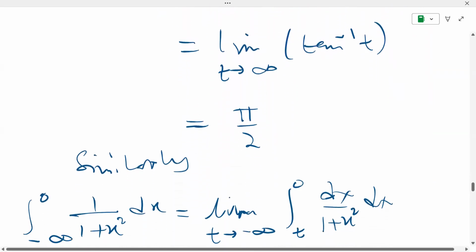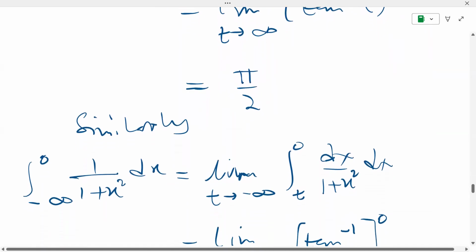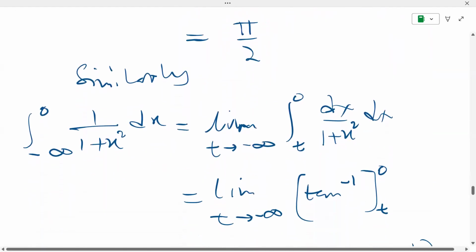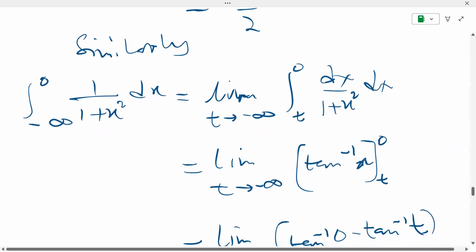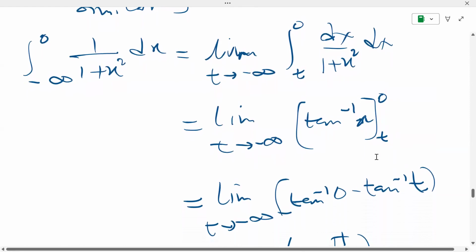Great. And so similarly, when we go through the same thing by the same representation with the limits different, we shall get tan inverse of our x, and then we'll put in our values here.